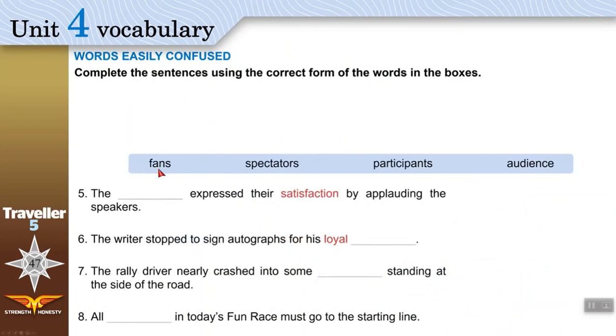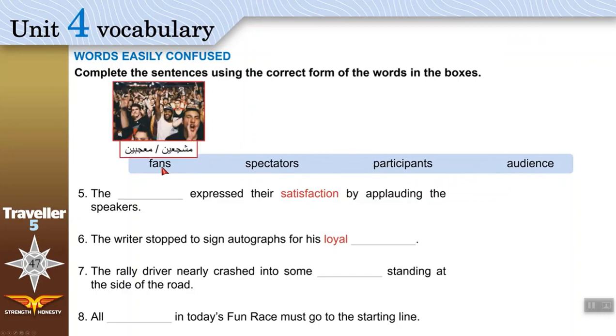Now, let's go to the second group of words: fans, spectators, participants, audience. All of them are nouns, and all of them are related to people, human beings. Fans are people who have great interest in sports or music or movies. They are fans if they are very interested in these things.